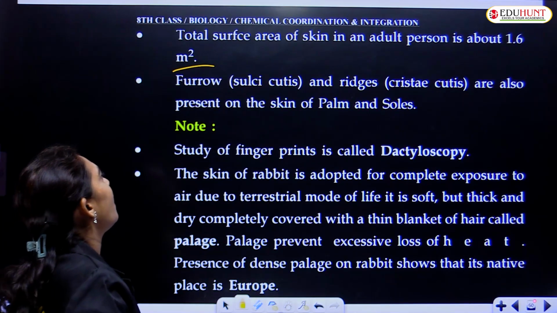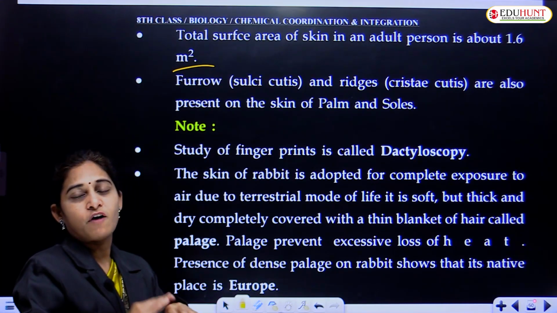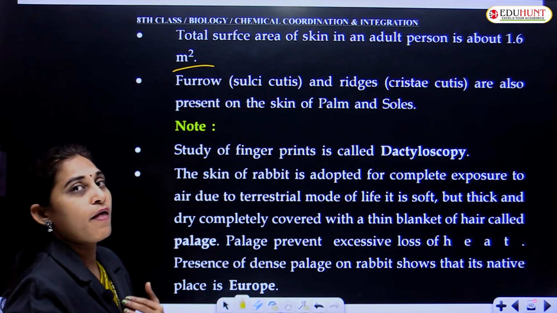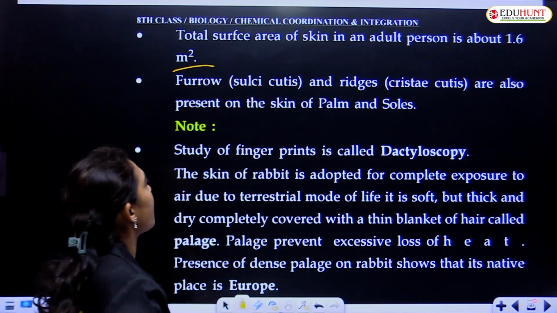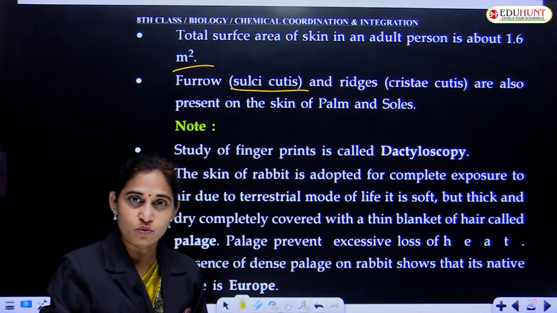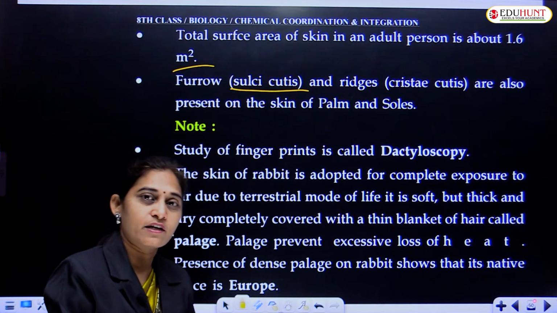We have furrows and some ridges on the skin. The furrows of the skin are called sulci cutis. Cutis is related to skin. Derm is also related to skin.